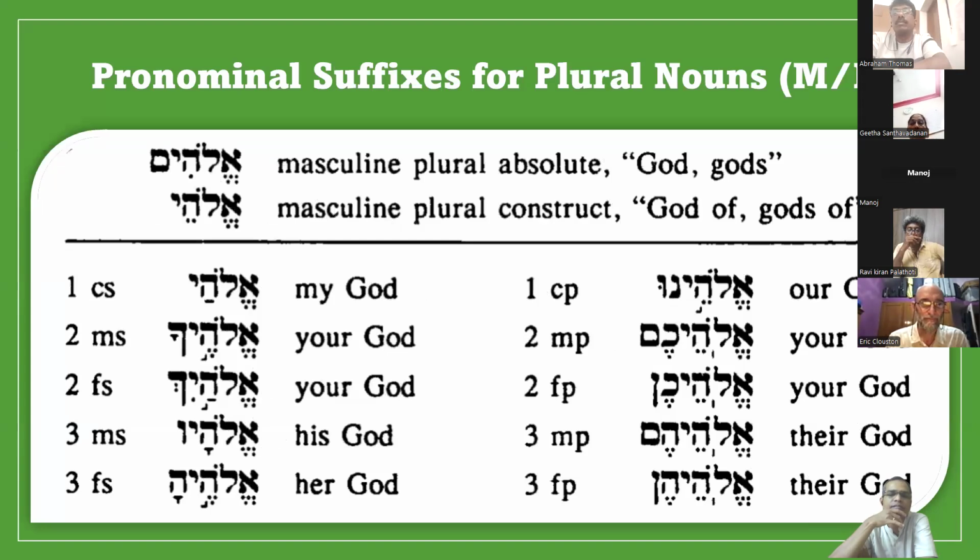In the place of Elohim, if there is Susim, what would be the construct form, and then how will we add the pronominal suffix? Susim is a masculine plural form. So Susim becomes Suse, and then that Sereyot will disappear. Then how will you add?